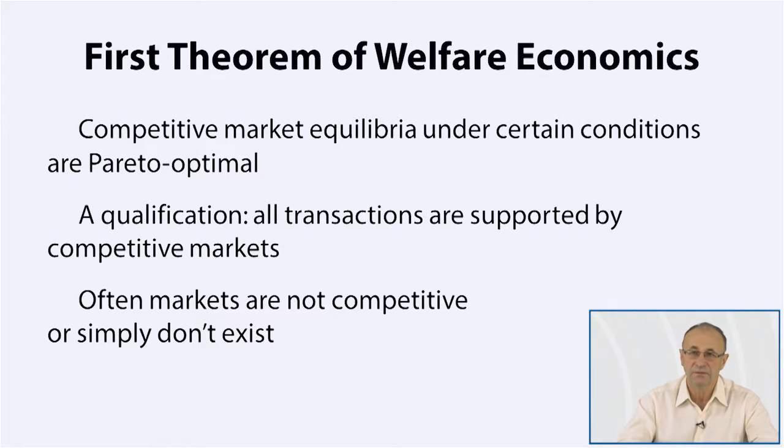It's not true universally. And perhaps the most essential of these conditions is that all transactions in an economy, for the first theorem to hold, have to be supported by competitive markets. In other words, whatever people do in this economy should involve competitive markets. And for every commodity, for every transaction, for every interaction, there should be a competitive market at hand.